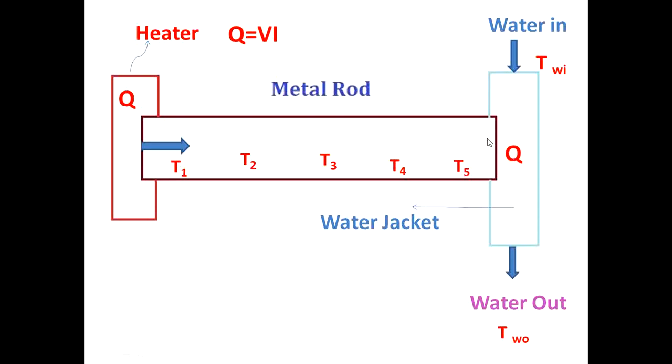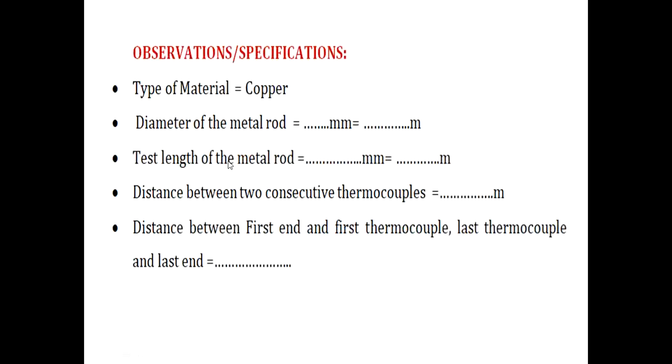After reaching the steady state, the same amount of heat energy is transferred along the rod, and this heat energy is carried away by the water. The heat carried away by the water is equal to m Cp delta T. You take the temperature difference T w out minus T i, because the outlet temperature of the water will be more. This is the observation you want to note down. Pause the video and please note down these observations.